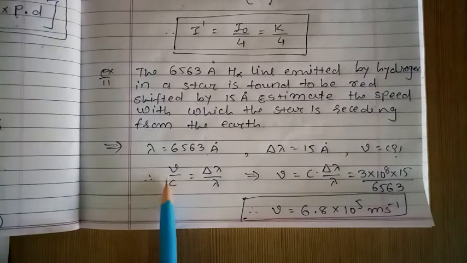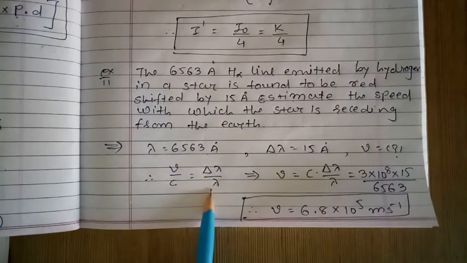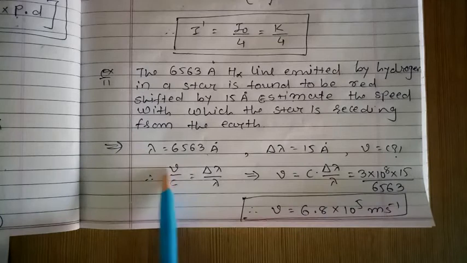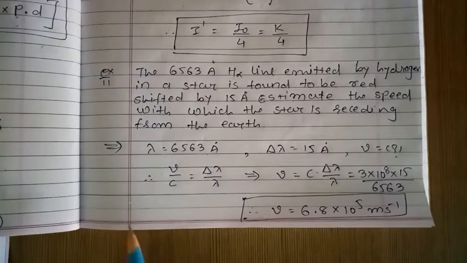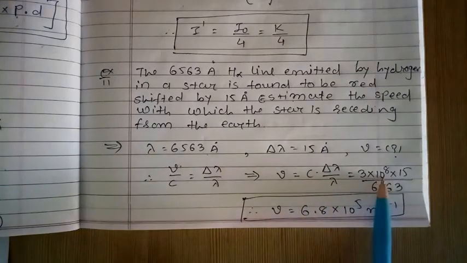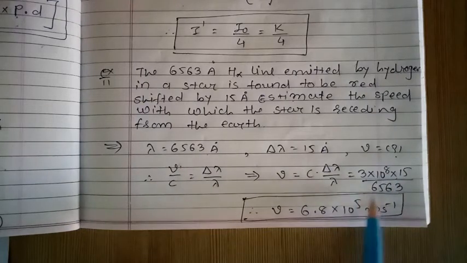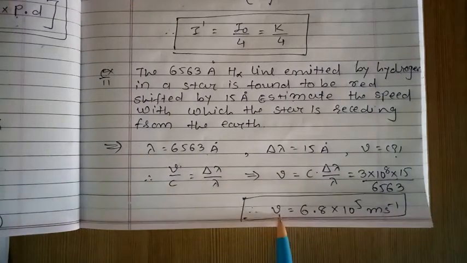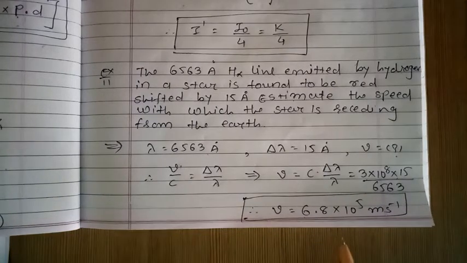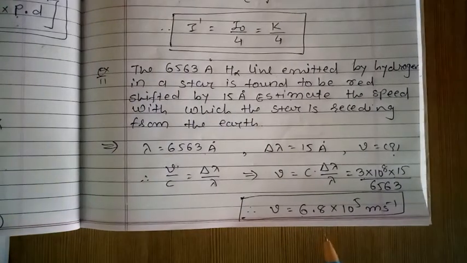We know that v by c is equal to delta lambda by lambda, so v is equal to c into delta lambda by lambda. So c is 3 into 10 raised to 8, delta lambda 15 upon lambda 6563. So we get v is equal to 6.8 into 10 raised to 5 meters per second.